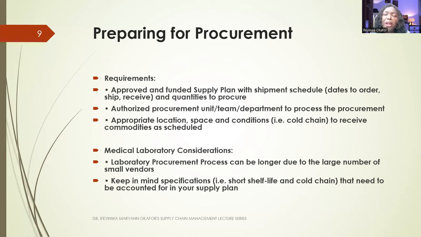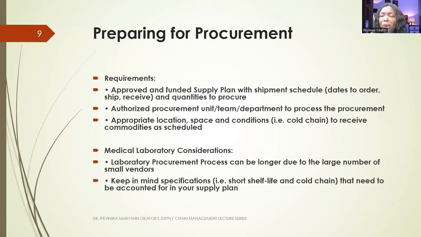Remember, before this stage of procurement, you must have done your quantification, which involves forecasting and supply planning. So you must have sent your supply plan to the relevant authority for approval. Before you start your procurement proper, you need an approved and funded supply plan with shipment schedule and quantities to procure.